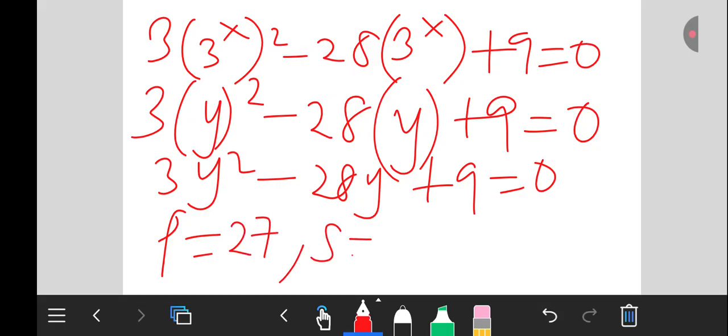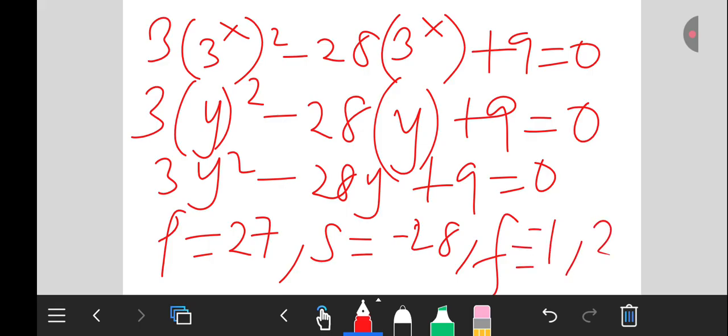We find the sum is given by b, which is negative 28. We find the factors should be negative 1, comma, negative 27, because when you multiply negative 1 by negative 27, you get positive 27, which is the product. When you add negative 1 and negative 27, you get negative 28.